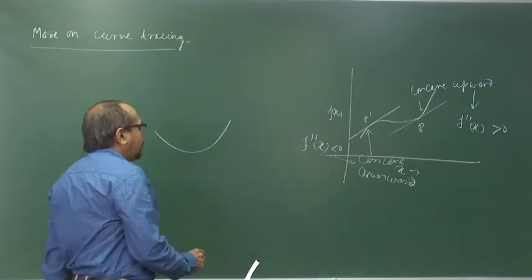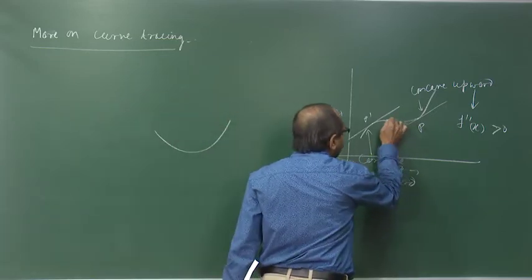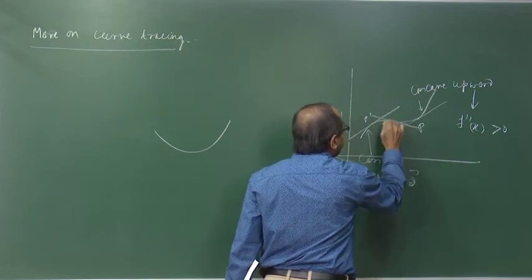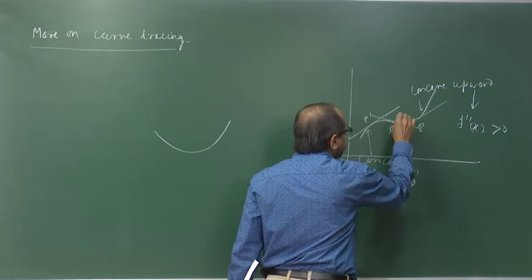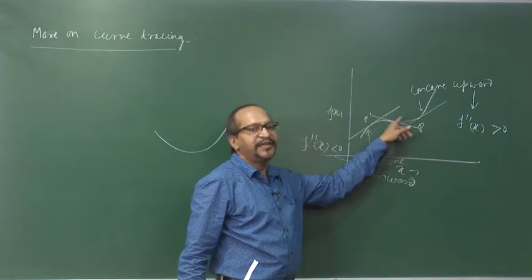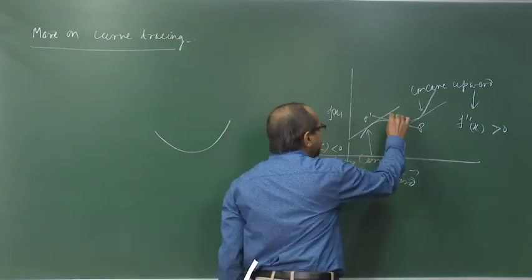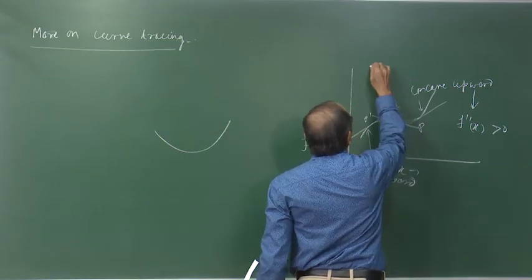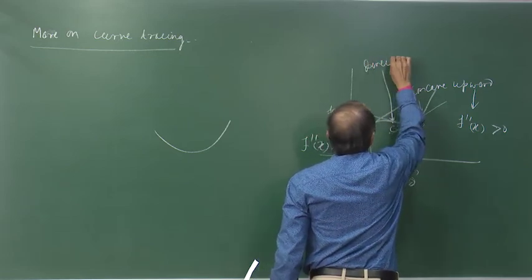And suppose at this point we draw a tangent, say at any point C, and you can see here the direction of the bending of the curve changes.